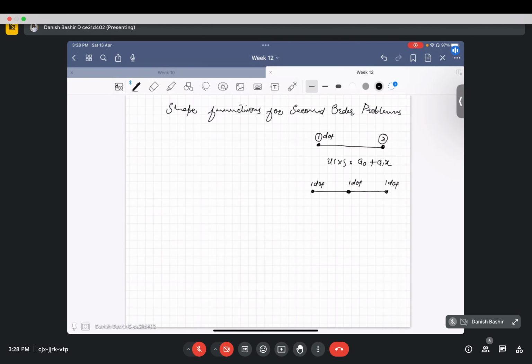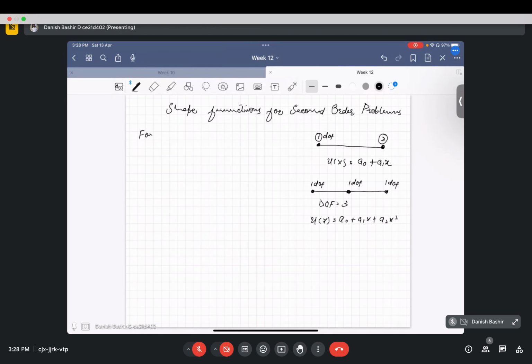So the total degrees of freedom for this element is equal to 3. So the minimum u of x that we need to take in order to interpolate the solution within the element is a naught plus a1 x plus a2 x square. So it's important.